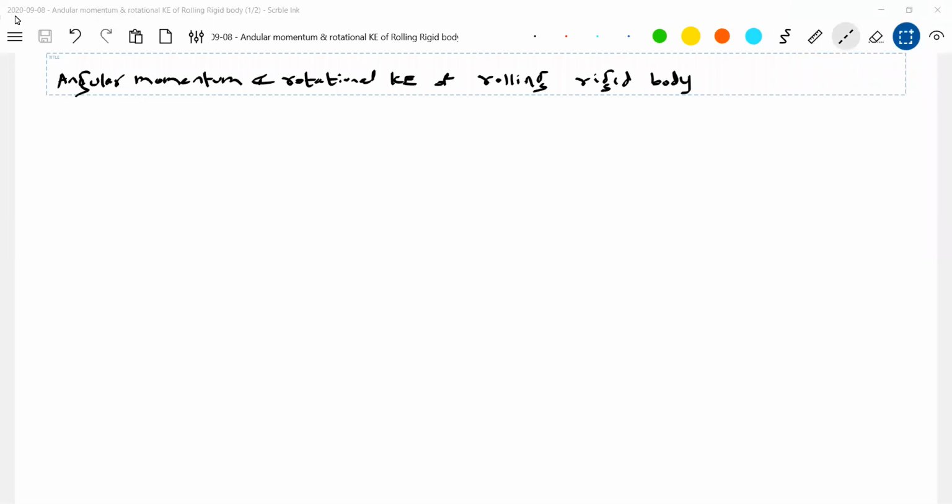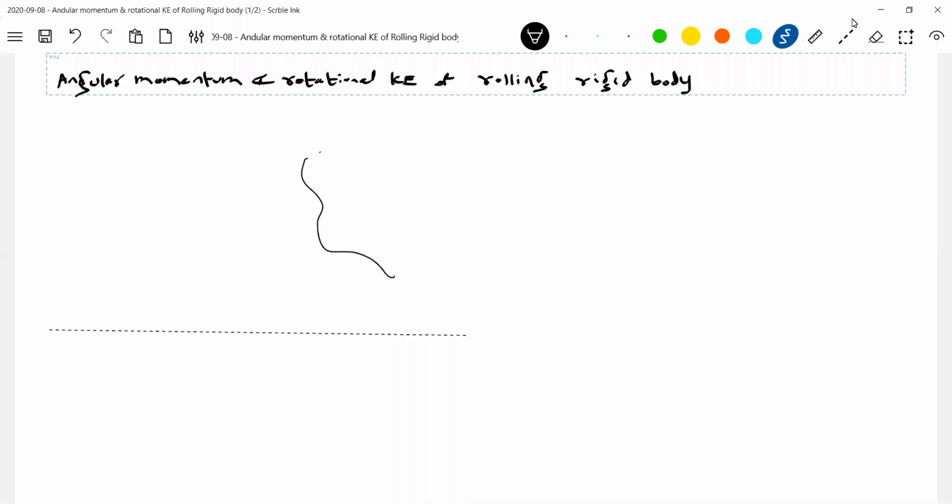So what is an example of a rolling body? This is the ground and the rigid body is here. I'm giving an irregular shape so that it is applicable for anything. The ground is the reference.